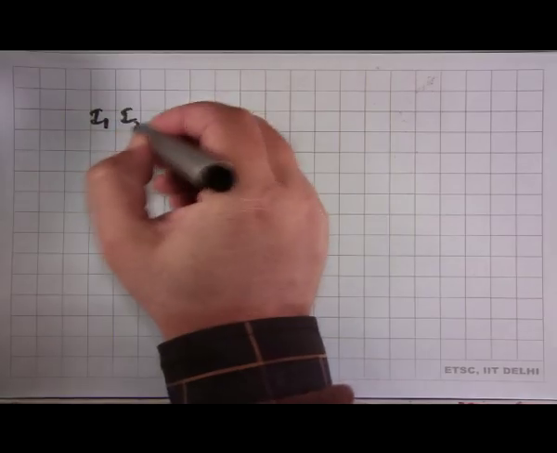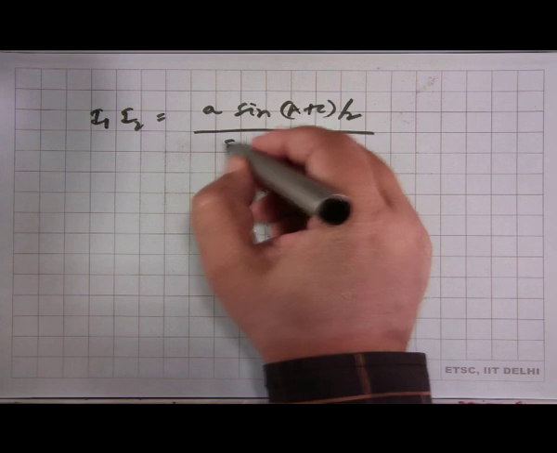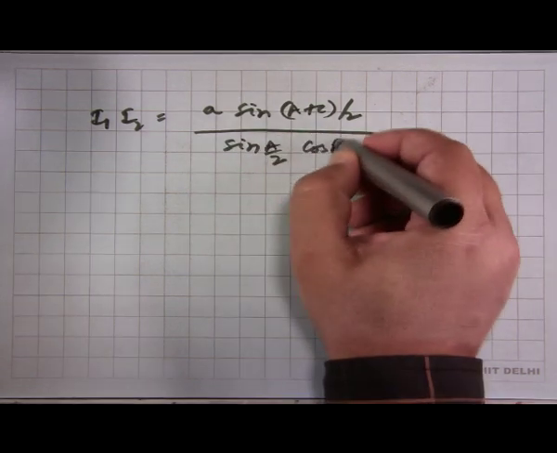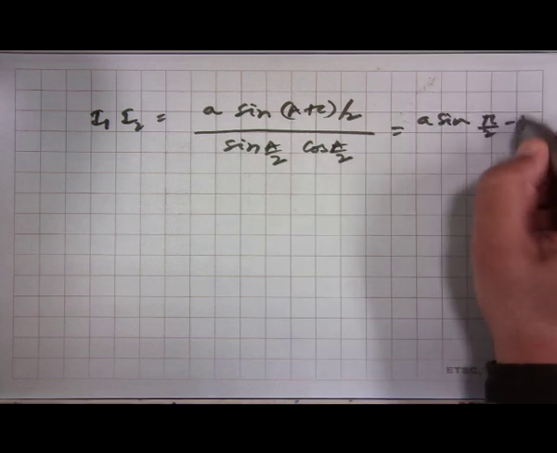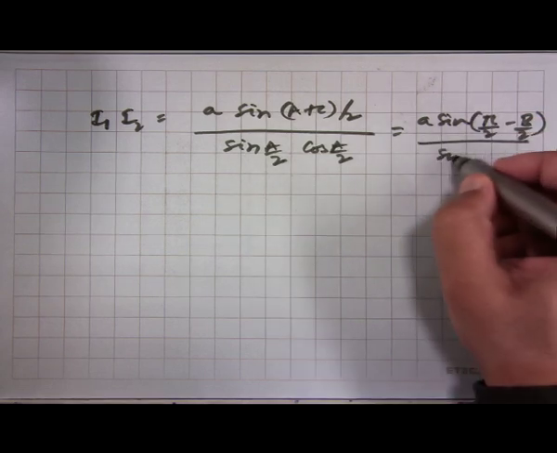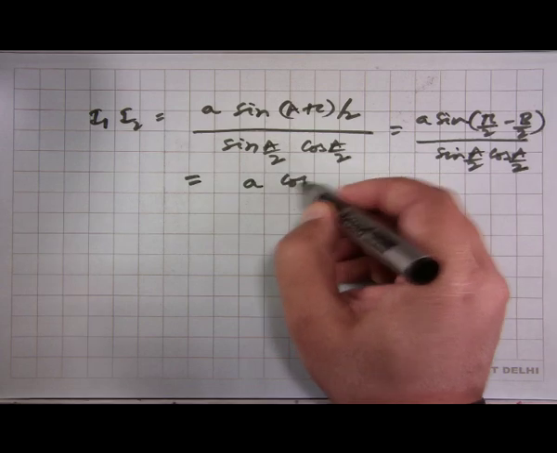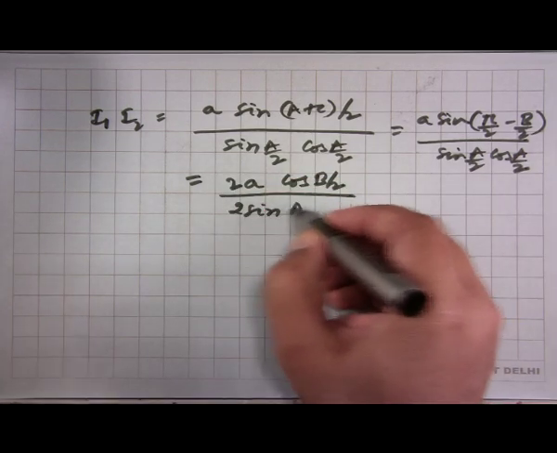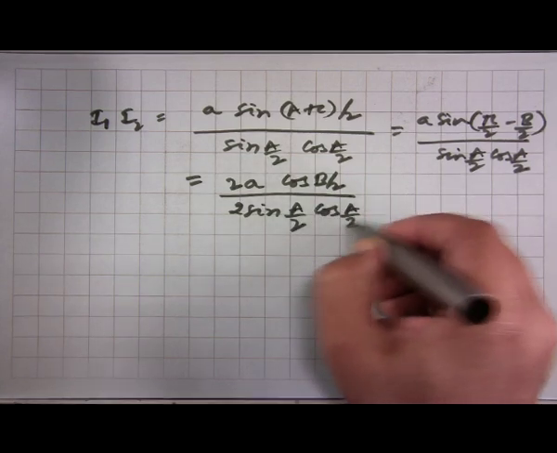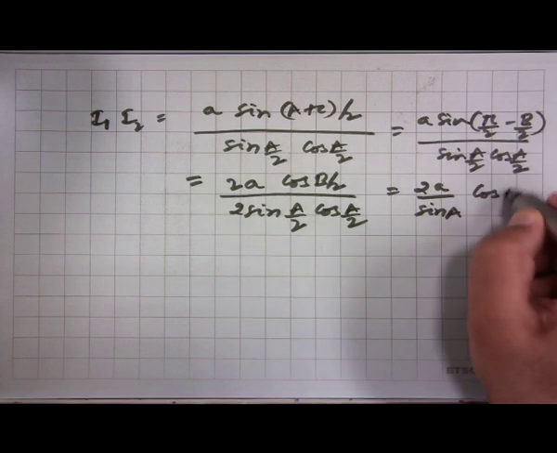So, taking it over to the next slide, we have I1I2 equal to a into sin((A+C)/2) over sin(A/2) cos(A/2), but this is equal to a into sin(pi/2 minus B/2), which is equal to a into cos(B/2) over, so we multiply the numerator by 2 and the denominator becomes 2 sin(A/2) cos(A/2), but this is sin A. So, what we have is 2a upon sin A times cos(B/2).